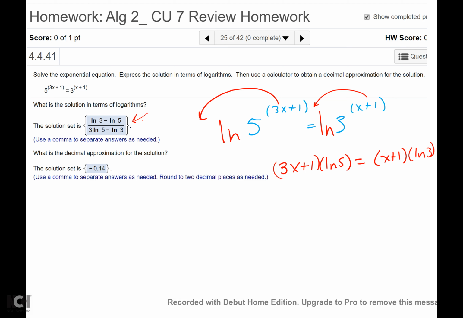I'm trying to figure out how they got to all this mess.